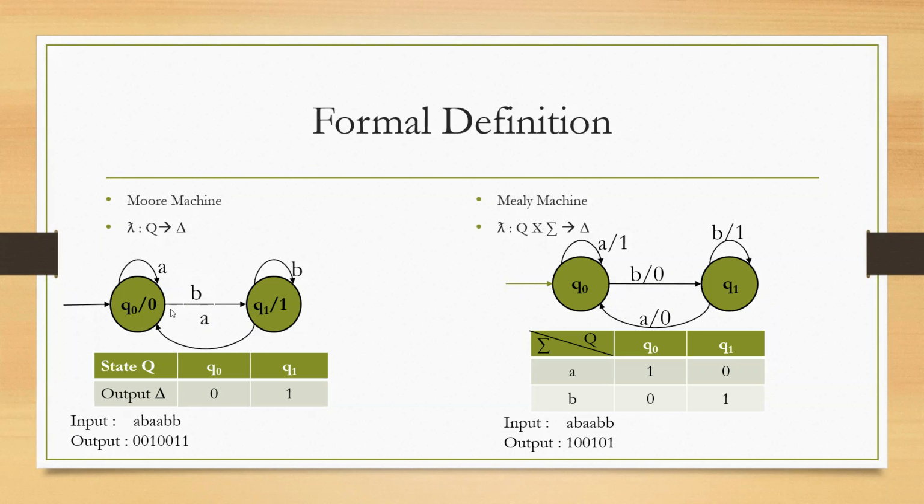Then on B, it goes to Q1 and generates 1. And on another B, it again generates 1. So this is how the output is generated, and that is the reason you get an extra 0 at the start. This is the difference between the Moore and Mealy machine.